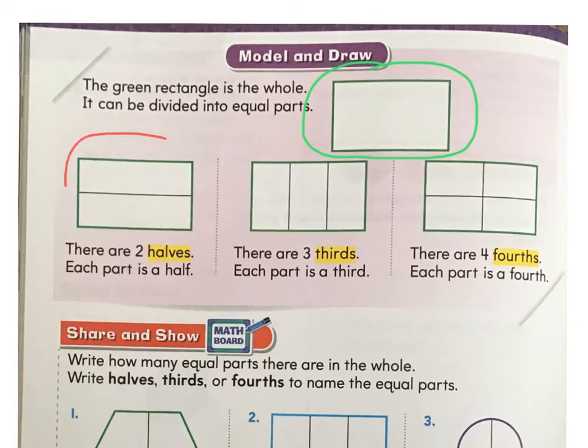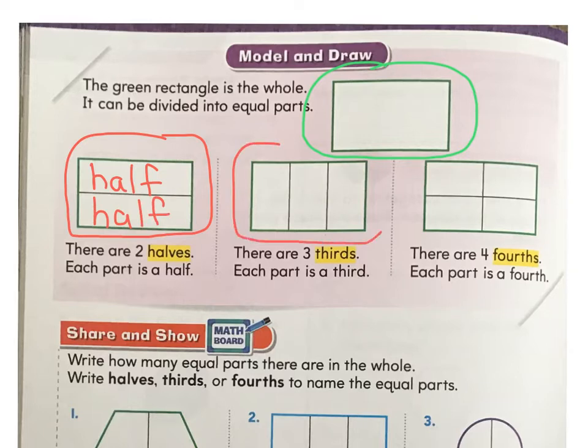The first example shows the rectangle being divided into two halves, two equal pieces. And when they're divided into two equal pieces, each piece is called a half. Our second green rectangle is divided into three equal pieces, and we call those thirds. Another way to write third is a 1 over a line with a 3. 1/3, 1/3, 1/3.